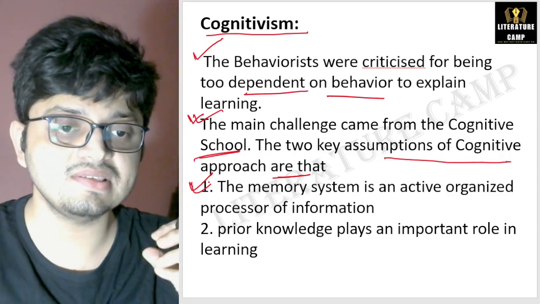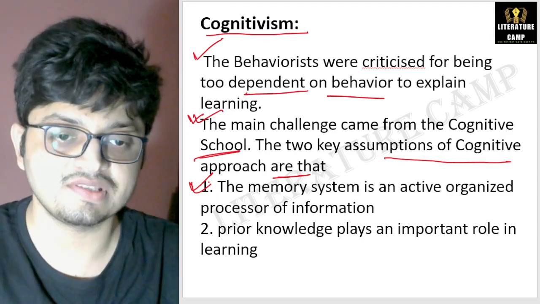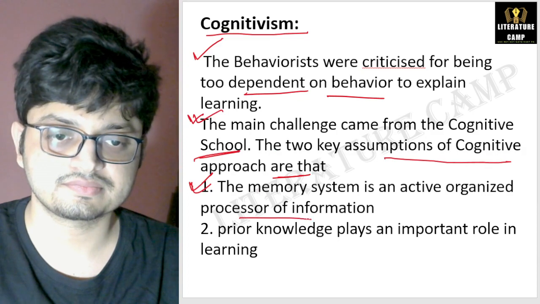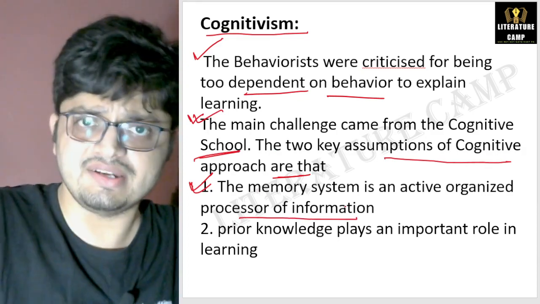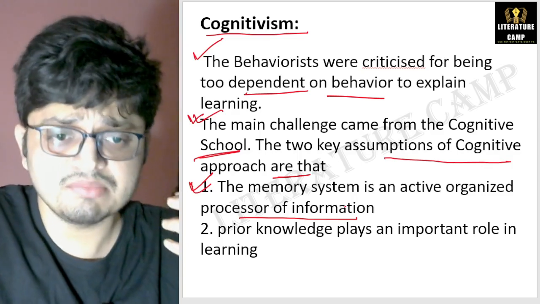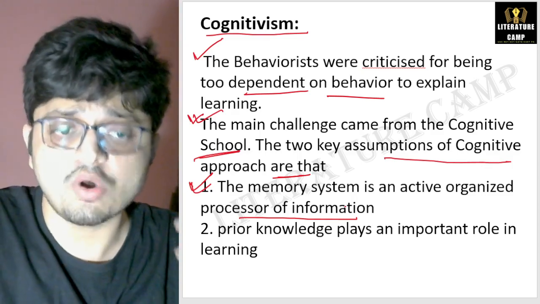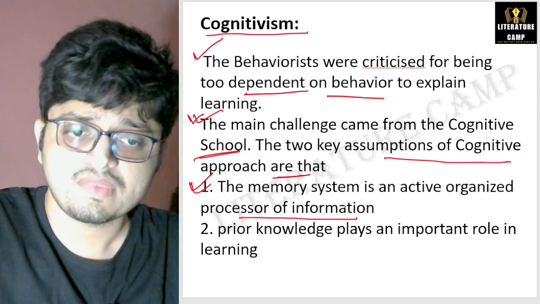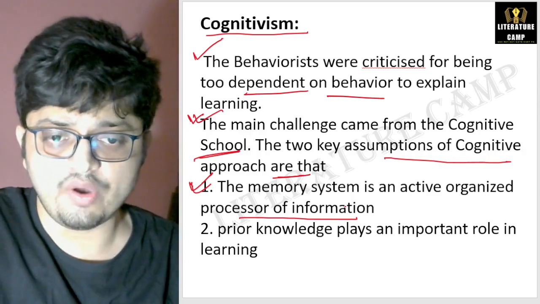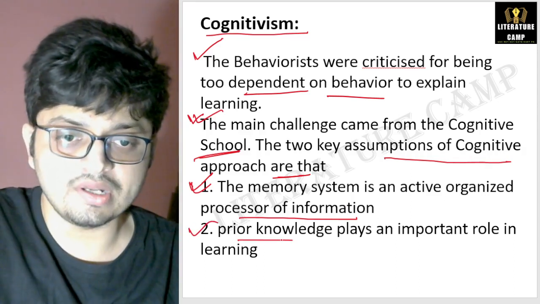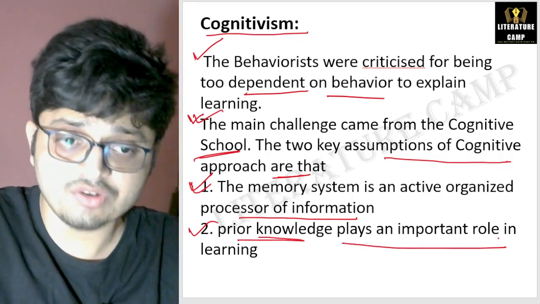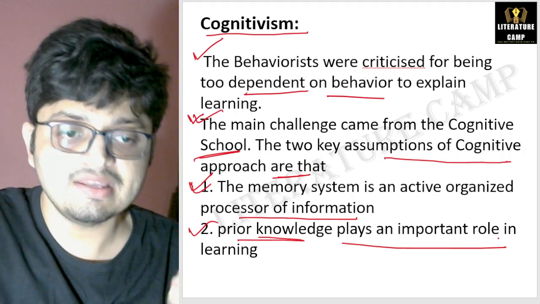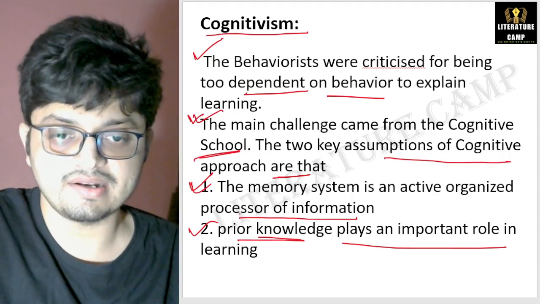The memory system is an active, organized process of information. Cognitive, you can very much understand, right? The memory system is an active, organized process of information. Second point is prior knowledge plays an important role. Your previous knowledge, prior knowledge, plays an important role in learning.